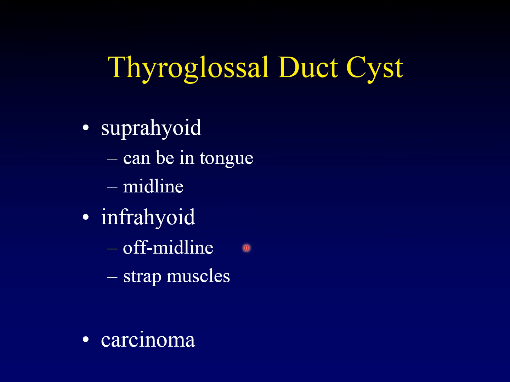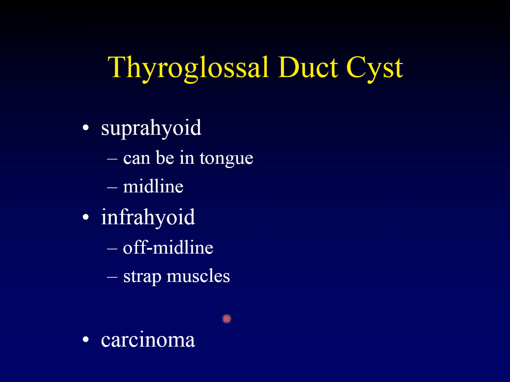Infrahyoid thyroglossal duct cysts are intimately related to the strap muscles. This is a really important imaging feature, and it differentiates thyroglossal duct cysts from some of the other cystic masses that we're going to encounter. So when you see an infrahyoid thyroglossal duct cyst, look for the intimate relationship with the strap muscles.